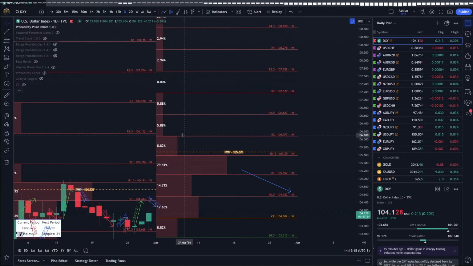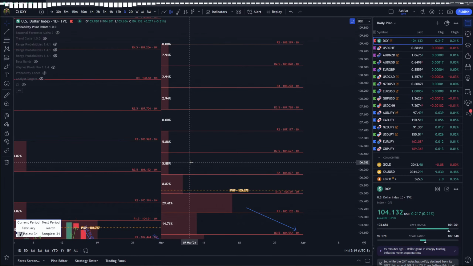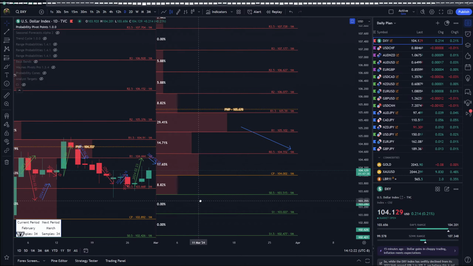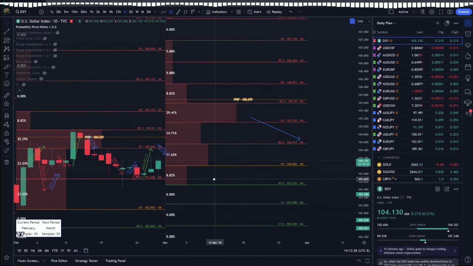Yeah, so past 106, it starts to become like a guess where your high is going to come in. So there's a bit of a skew to the upside. Crossing 105 seems like a risk, or touching 105 seems like a risk, based off my interpretation here for the DXY over the next month.